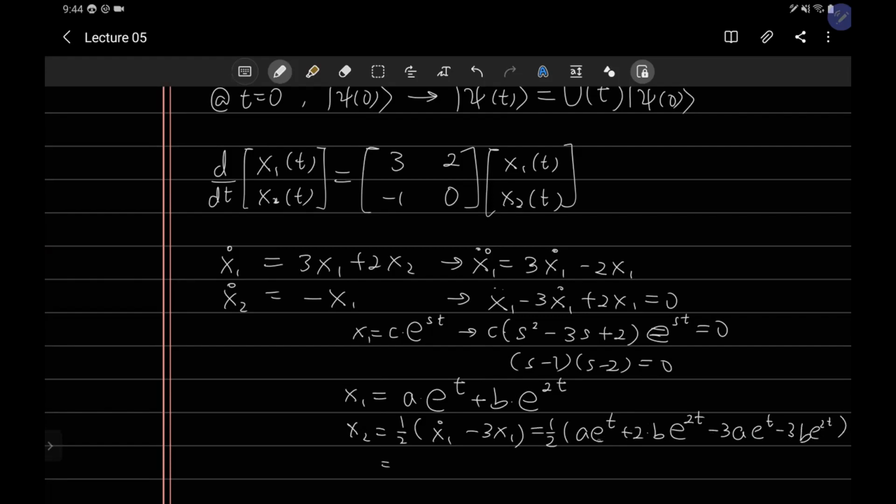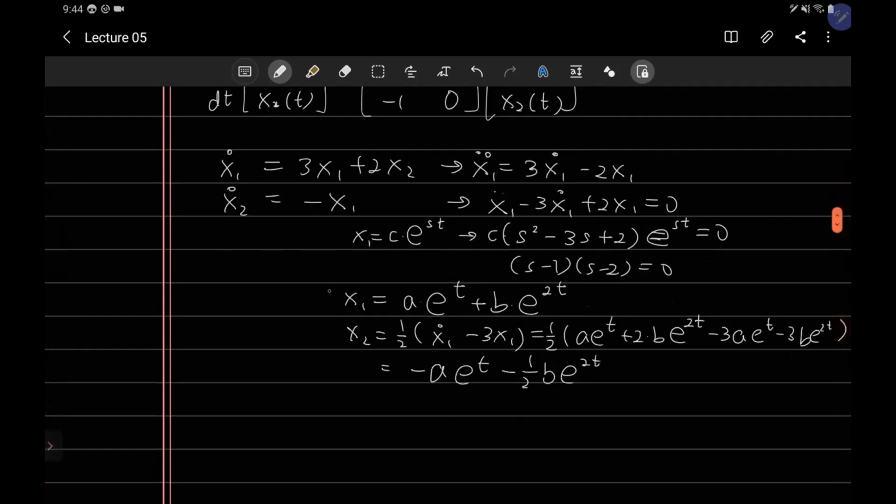So this will be minus 2a e to the t divided by 2, so minus a e to the t, and then minus b e to the 2t divided by 2, so minus 1 over 2 b times e to the 2t. So we found the general solution form.